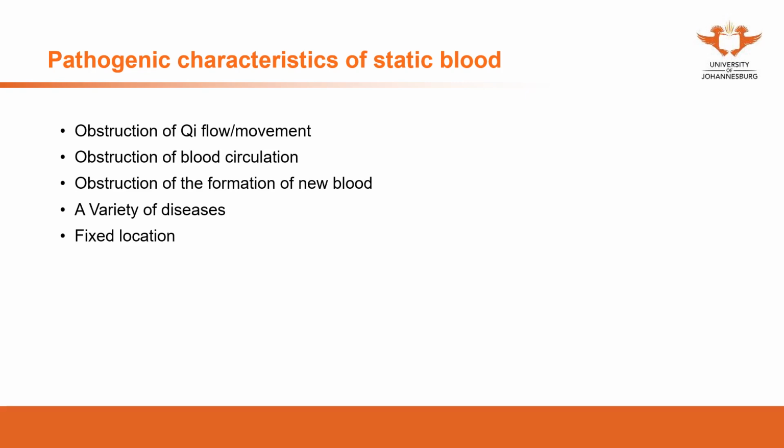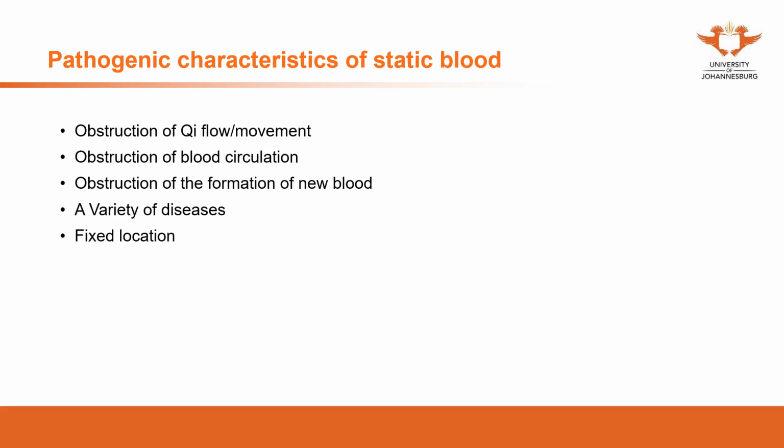If it's in the lung, it can cause difficulty breathing or coughing blood. If it's in the liver, it can cause irregular menstruation or gynecological problems. If it's in the brain, stroke. So it can be in different areas, but it will be a fixed location.